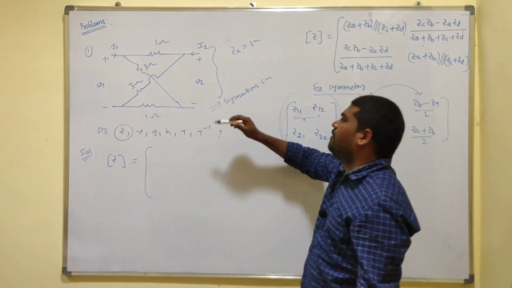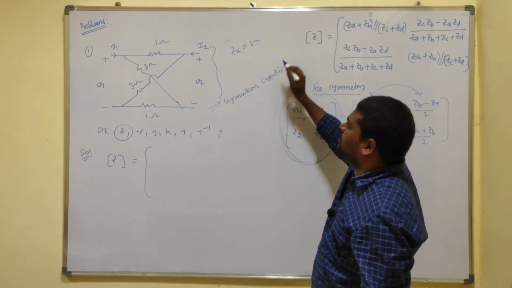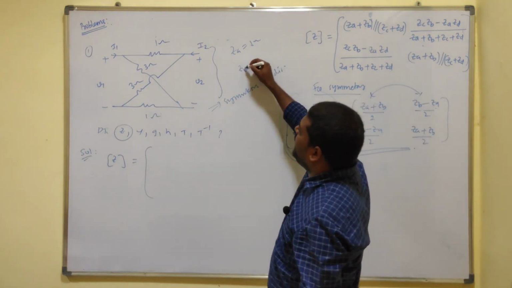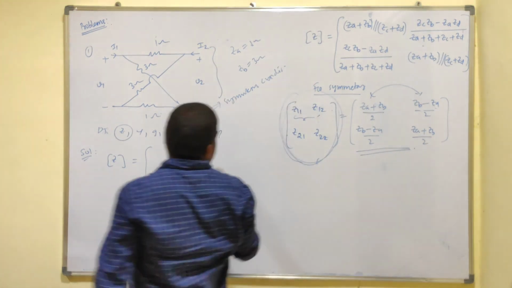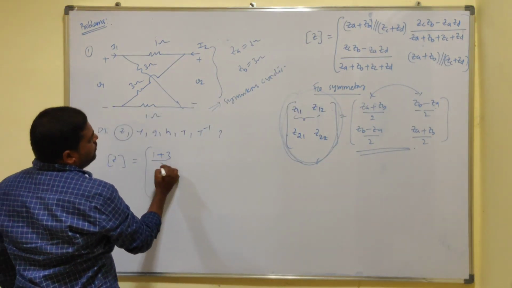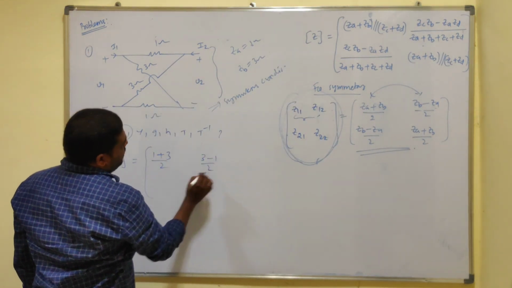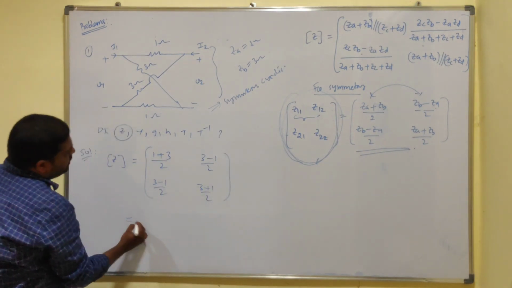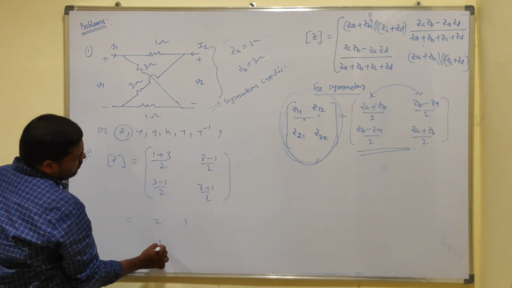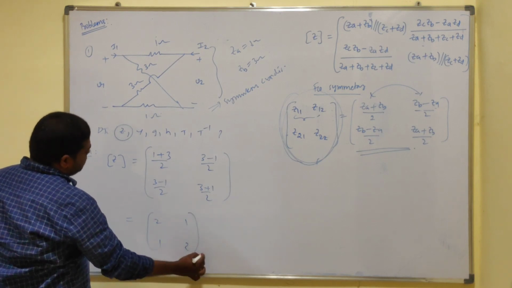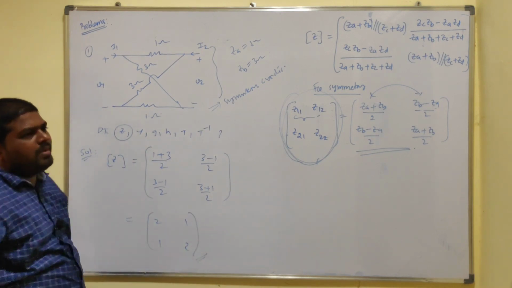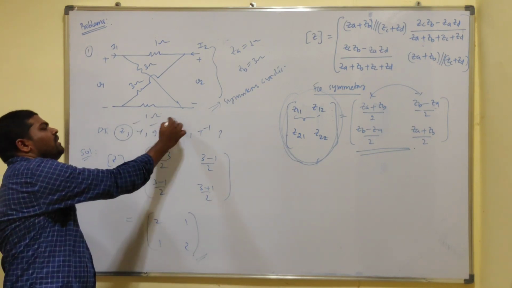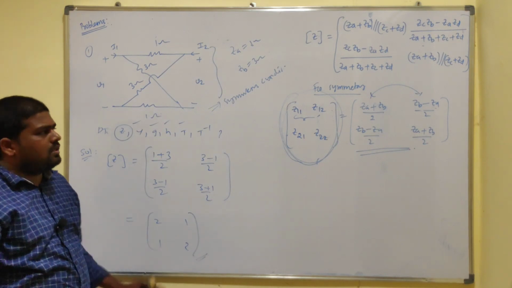So for the symmetric condition the formula is this one. Here Za equals 1 ohm and Zb equals 3 ohm. Just substitute: (1 plus 3) by 2, (3 minus 1) by 2, (3 minus 1) by 2, and (3 plus 1) by 2. Then you will get 2, 1, 1, 2. This is your z parameters for the given symmetrical lattice structure. From this parameter you can find out y, g, h, t and t inverse, right? This is one problem.